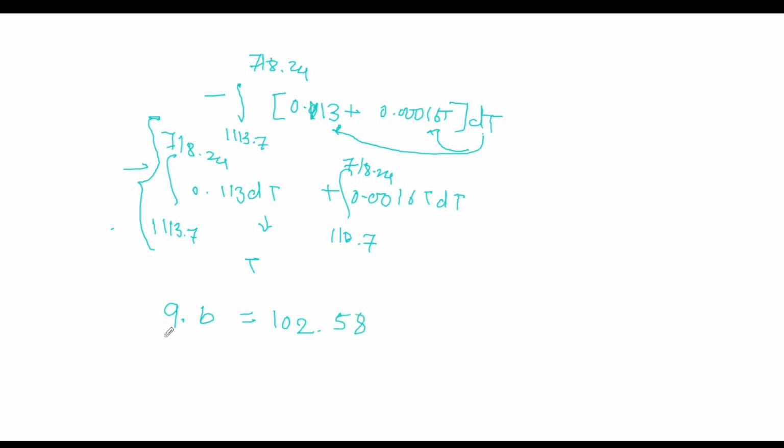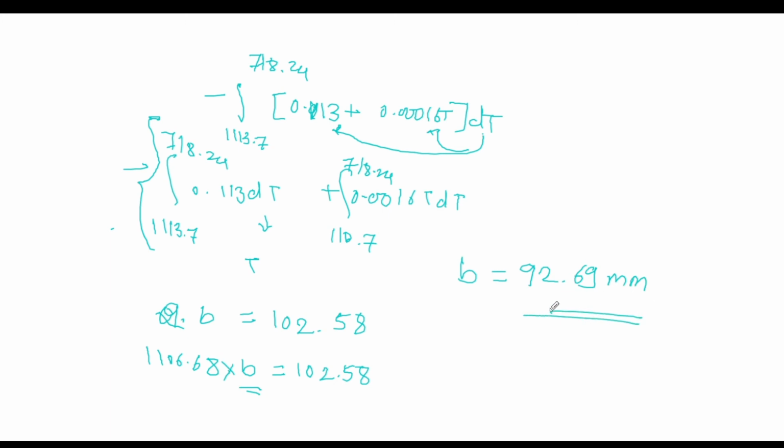102.58. Now substituting this value of Q, that is 1106.68 into B, will be equal to 102.58. Here the unknown is B only. So we get B as 92.69 mm.